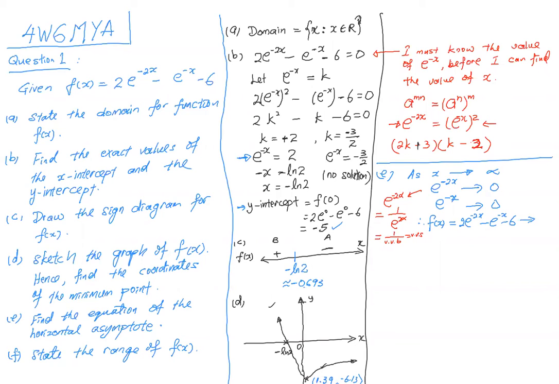No. Negative 6. Yeah. Will approach what? Negative infinity? How can it be negative infinity? This one is zero, this one is zero. Negative 6. Yeah.